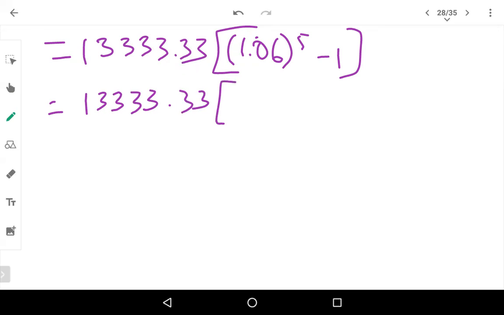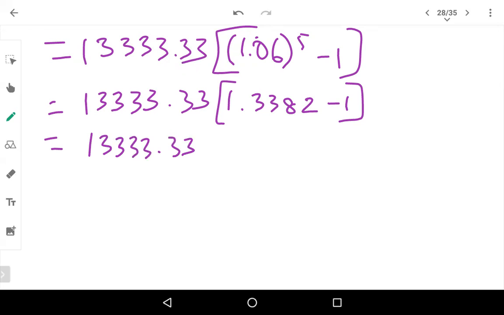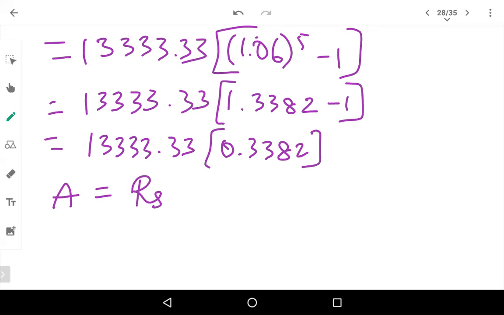So 13333.33 into 1.3382 minus 1, which is 13333.33 into 0.3382. So therefore the amount will be rupees 4,509. So this is the annuity amount, the required answer. I hope everybody is clear with this question.